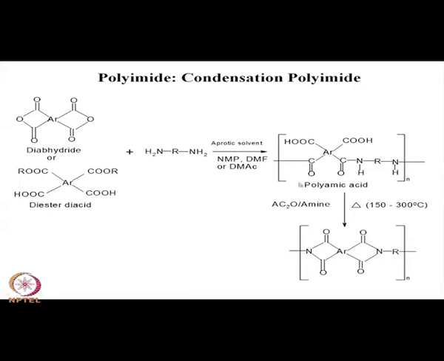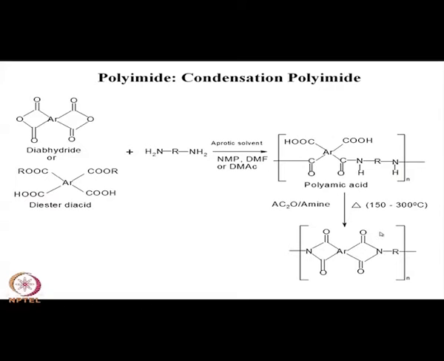At this point I should mention that initially, till the polyamic acid stage, this polymer remains thermoplastic, but once this imide ring is formed it becomes thermoset, and by that time this polymer has already covered the fiber in the composite.